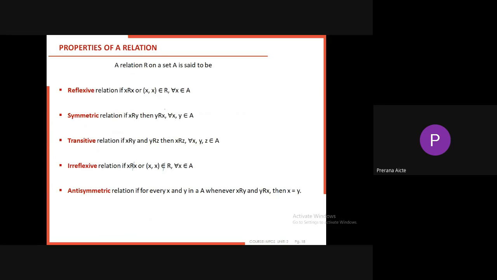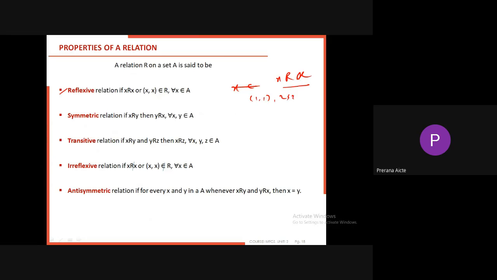And these are the properties related to a relation: reflexive property, symmetric property, transitive property, irreflexive and antisymmetric property. If the ordered pairs are in the form (x, x), that is, x is related to x, then it is called reflexive, like (1,1), (2,2).